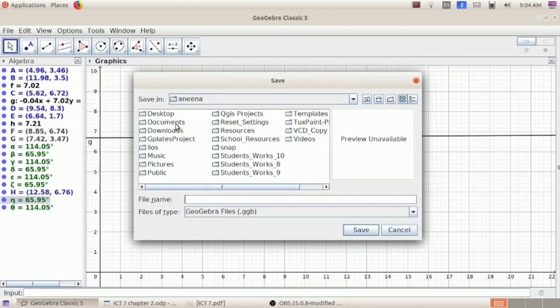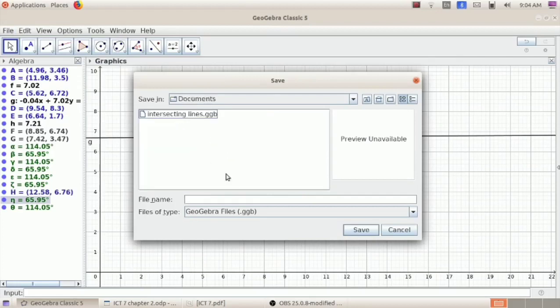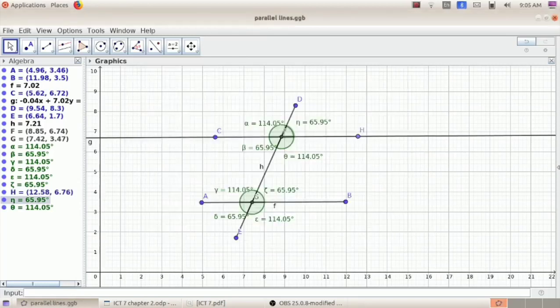In that, the Documents folder. Then give a name for this file. I'm giving the name Parallel Lines. Then click on this Save button. Now this file is saved in the Documents folder in the Home folder. This is how we can save the files.